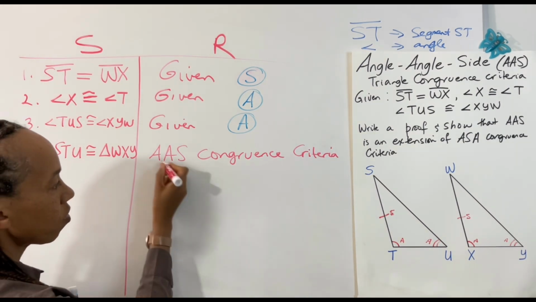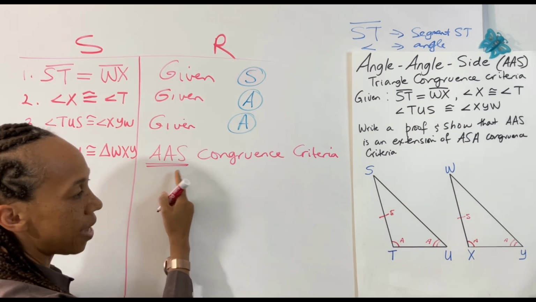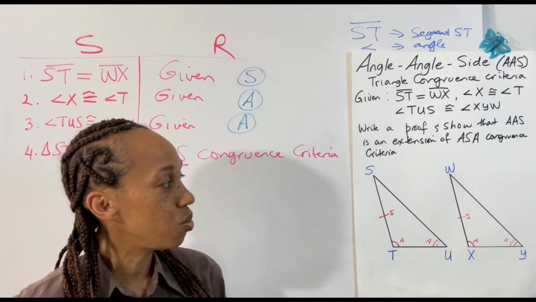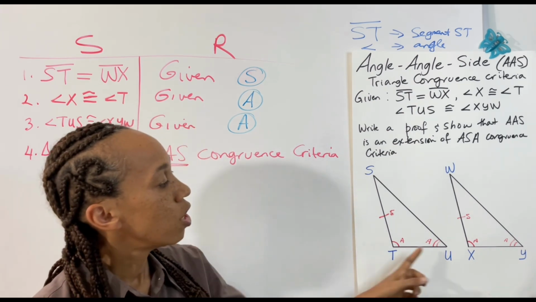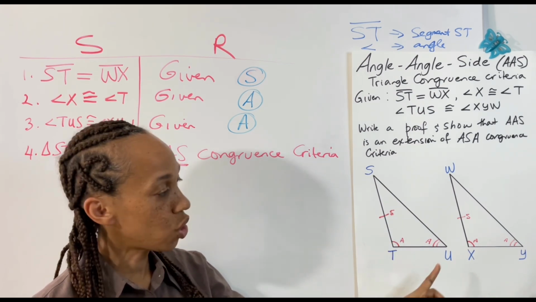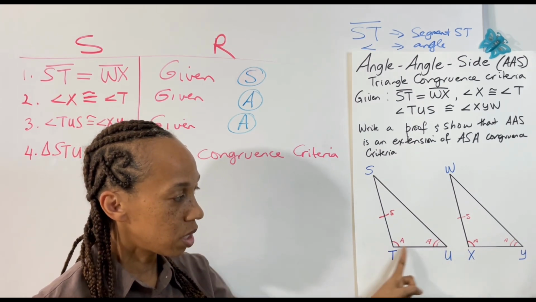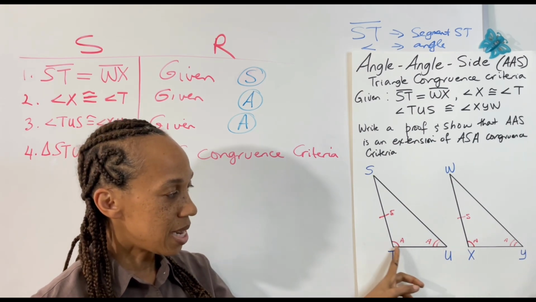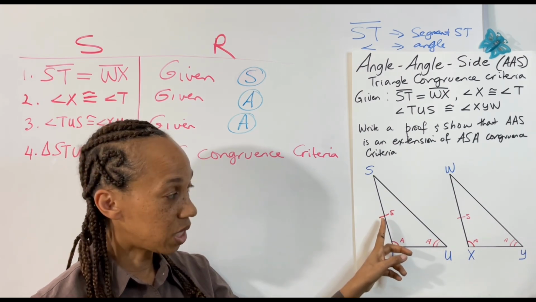Okay? This is what it is. Angle, angle, side. Now, angle, angle, side is simply telling you that you have 2 angles and then a side. So you have 2 angles coming side by side and then a side. We read it like this, saying angle, angle, side.